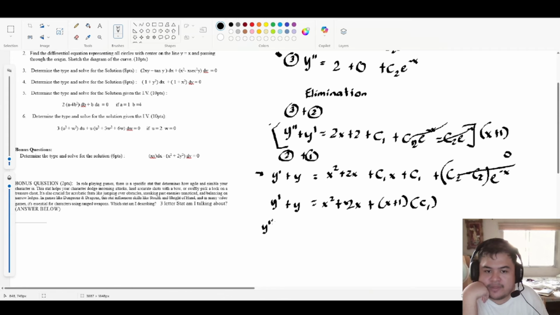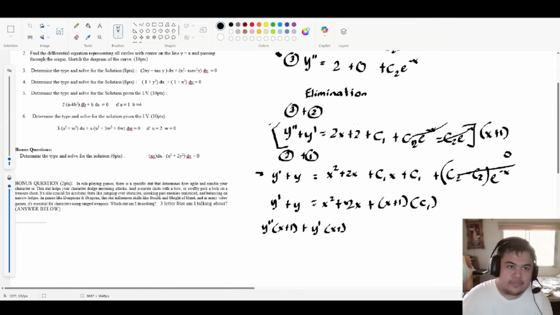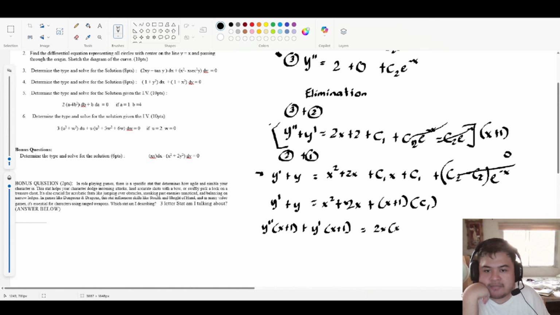So this becomes y double prime (x plus 1) plus y prime (x plus 1) is equal to 2x(x plus 1) plus 2(x plus 1) plus c1(x plus 1). So now we have the same coefficients as the other equation.